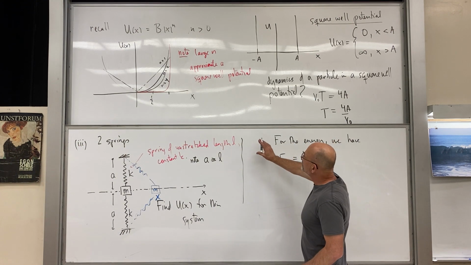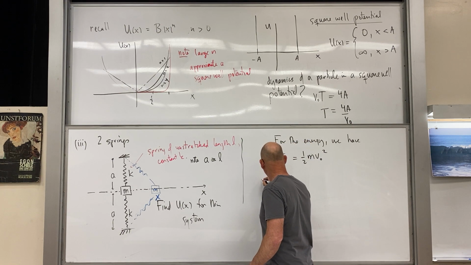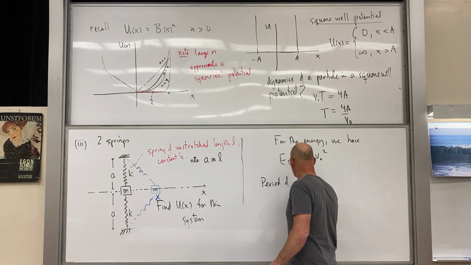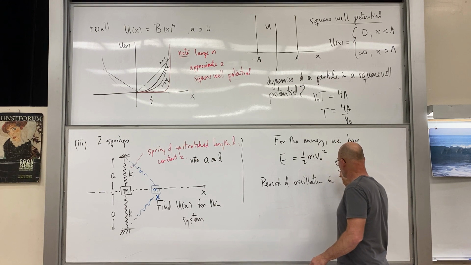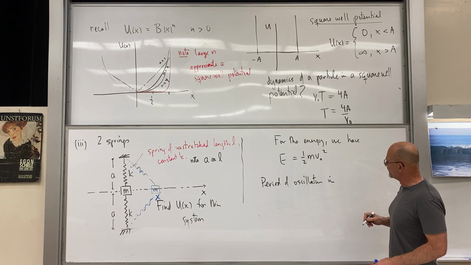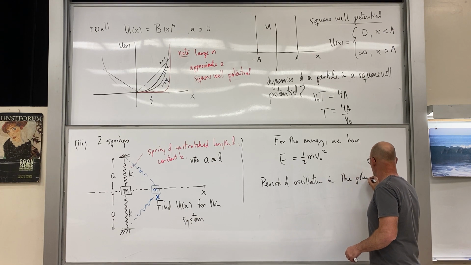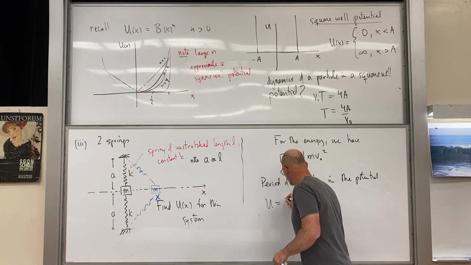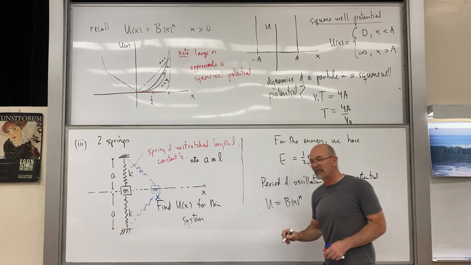Now let's go back to the period of oscillation in the potential U equals B x to the nth power.